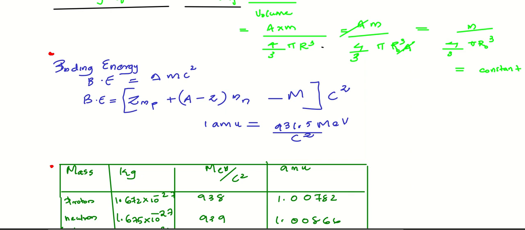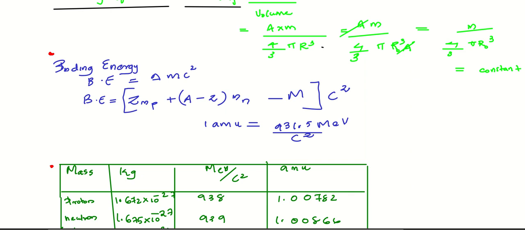So delta M into 931.5 will give you binding energy in MeV. So we are finding mass defect in terms of AMU and we multiply with the 931.5 MeV by C square as 1 AMU. So we get delta M in AMU into 931.5 will give you binding energy.